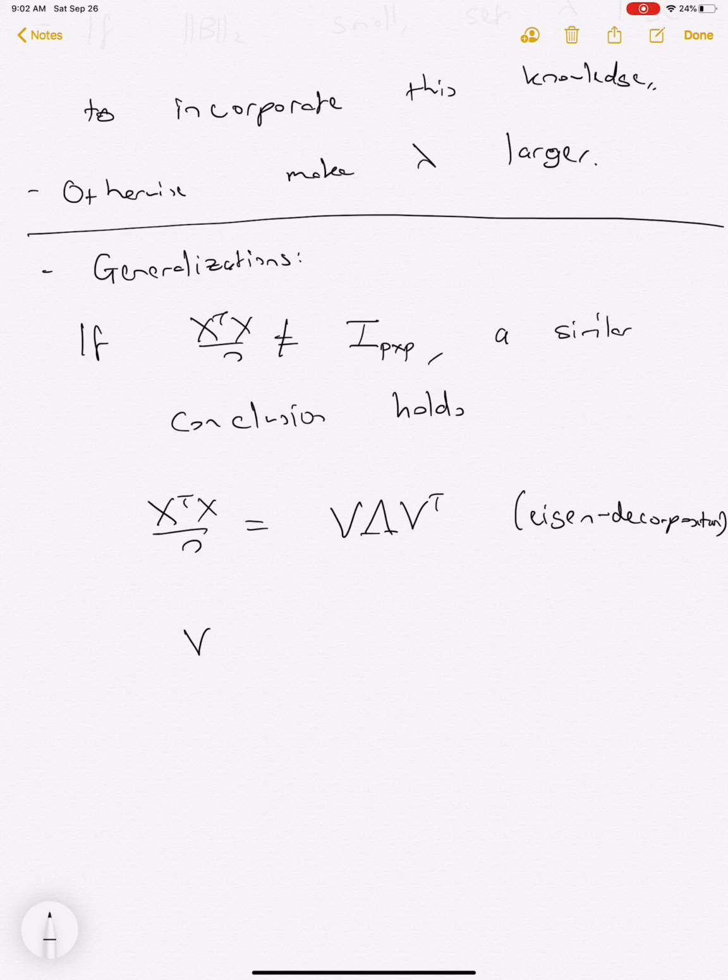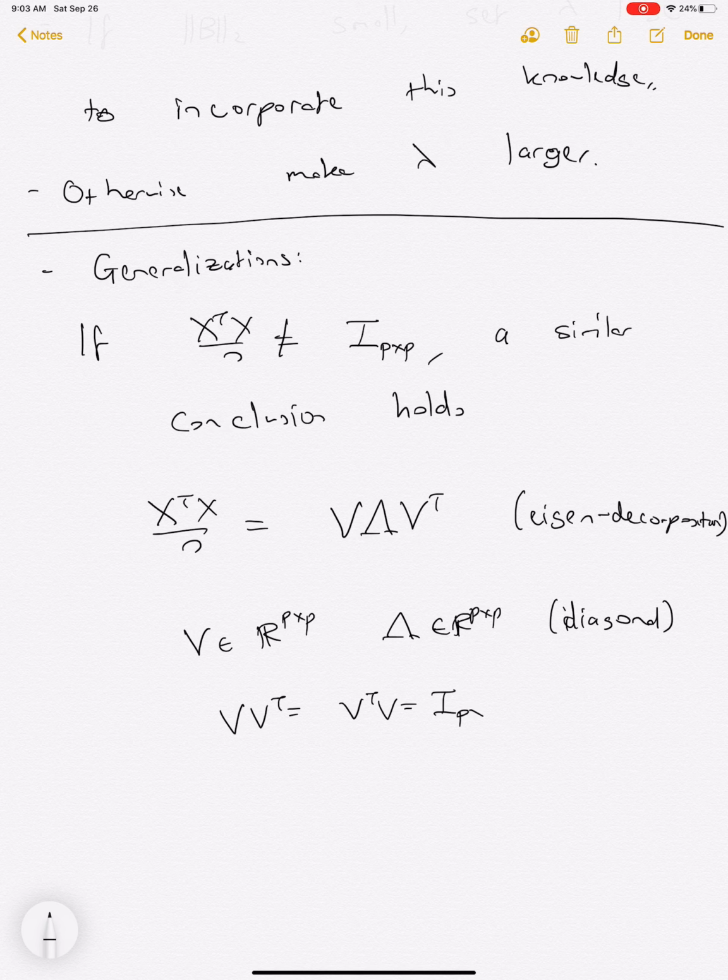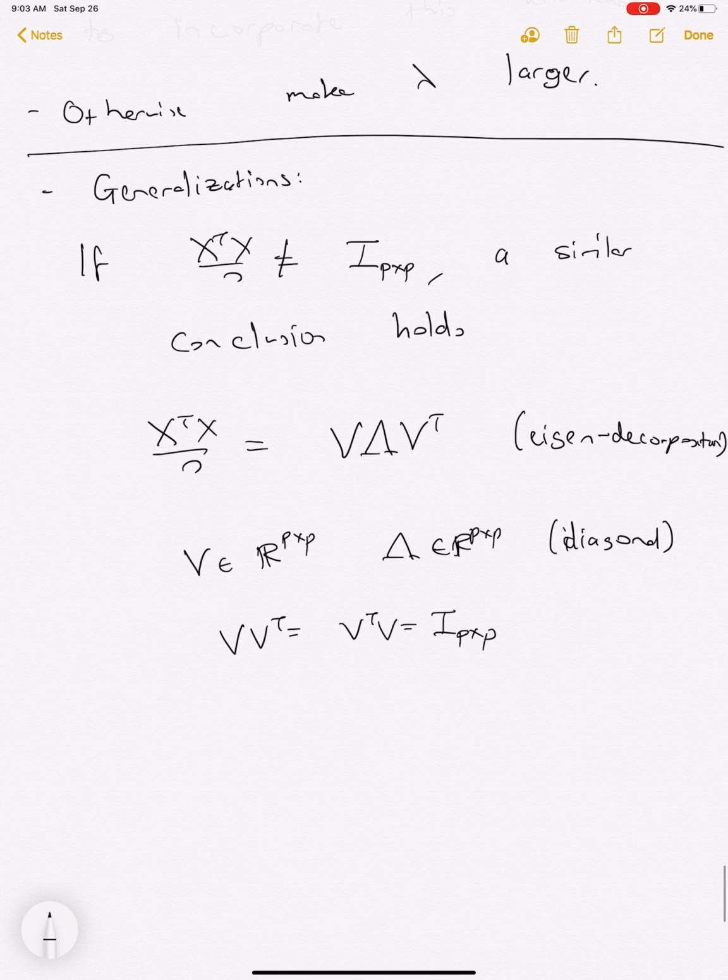V is in R to the P by P, the middle matrix is diagonal, and V transpose V equals the identity. So this is the eigen decomposition, and when you do that you diagonalize everything, because by transforming it you get this nice diagonalization.